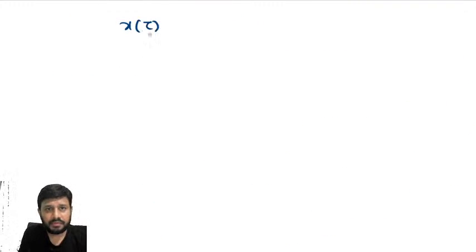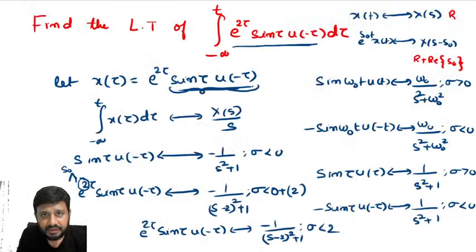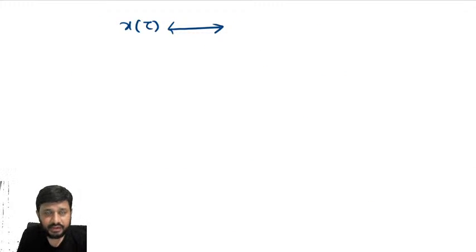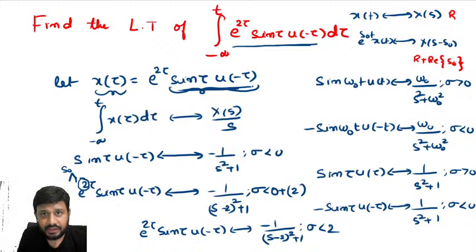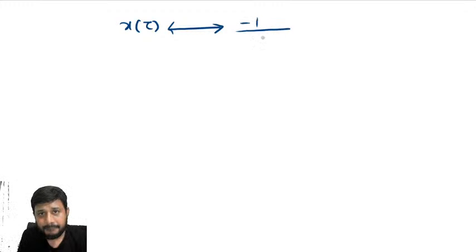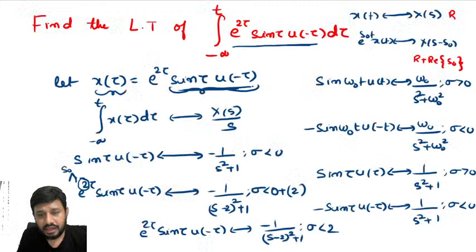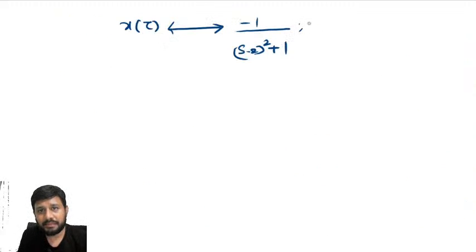Next step. Because we considered e power 2 tau sin tau u of minus tau to be x of tau, x of tau forms a Laplace transform pair with minus 1 by s minus 2 whole square plus 1, sigma less than 2.